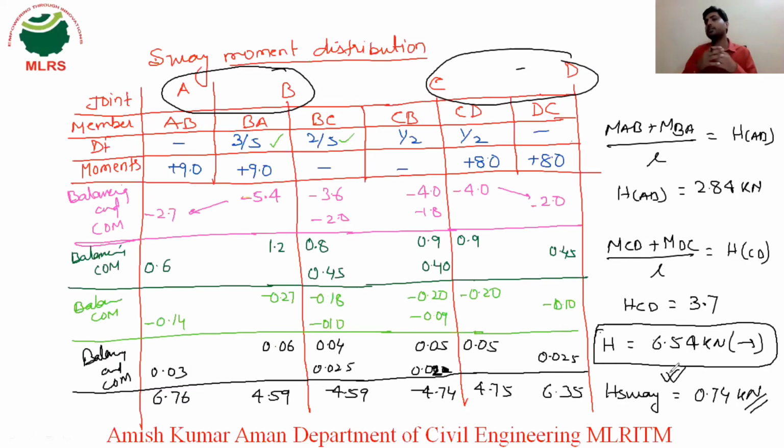If we are distributing more moments, it is displacing in this direction, so the frame is still in sway, but the direction is different. To make it stable, we need to give the same amount of moment in the opposite direction, so that the effect of these moments will be cancelled out.